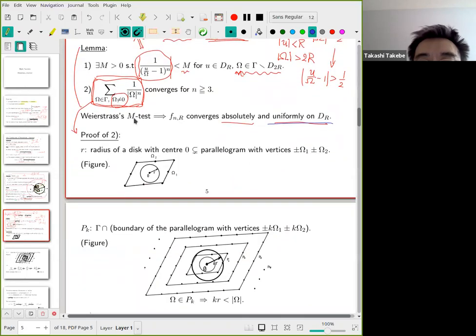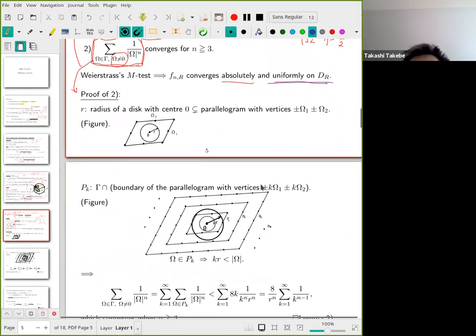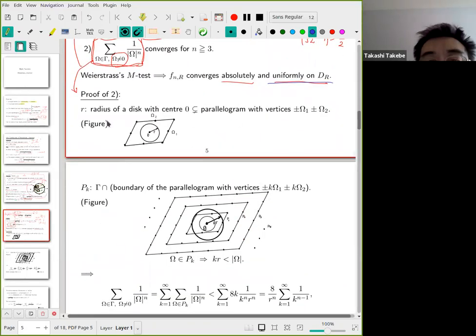And the proof of this convergence is elementary. First, let's take some number r, small r, which satisfies this property.